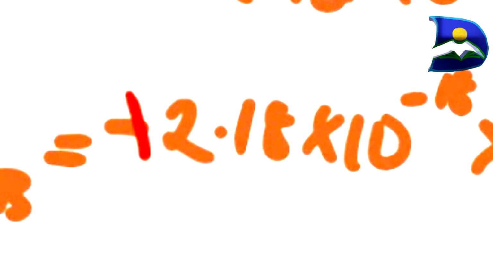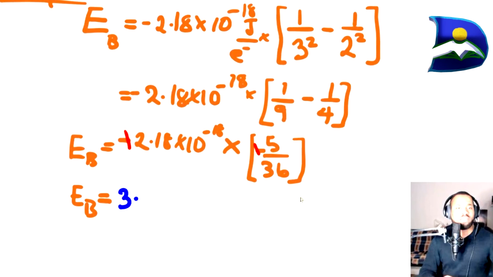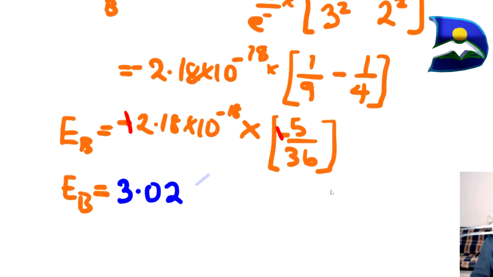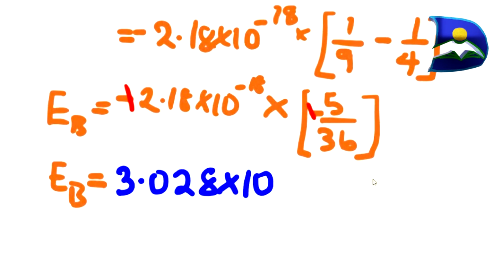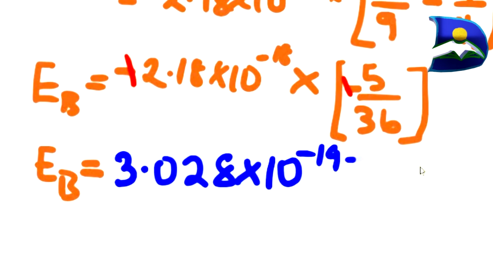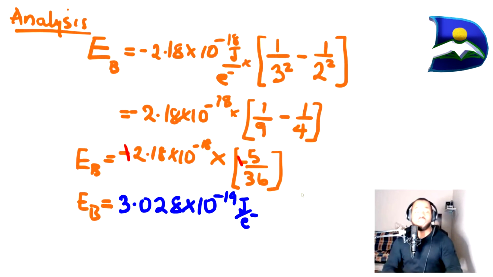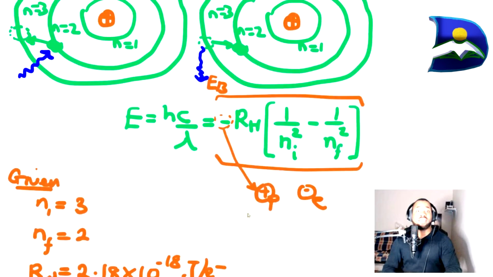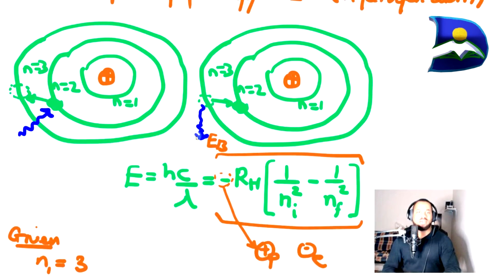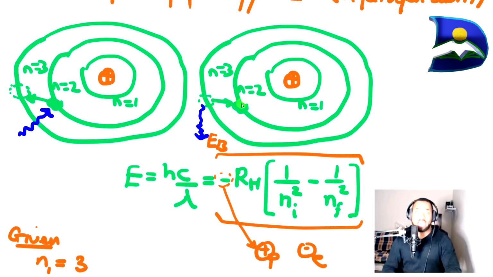So our energy will be 3.028 times 10 to the negative 19 joules per electron. That is how you're able to determine the energy that will be released when an electron goes from a higher energy level to a lower energy level.